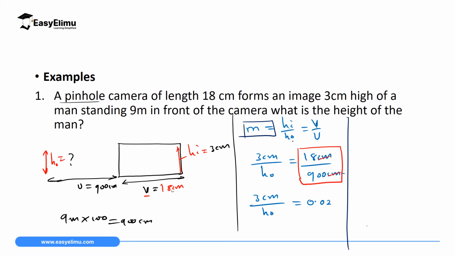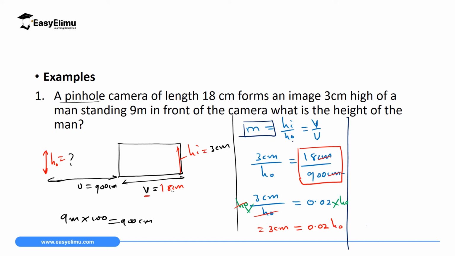Then to get HO, we multiply by HO on both sides. Then HO on the left hand side will go, and we will remain with 3 centimeter is equal to 0.02 times HO, which will be 0.02 HO.